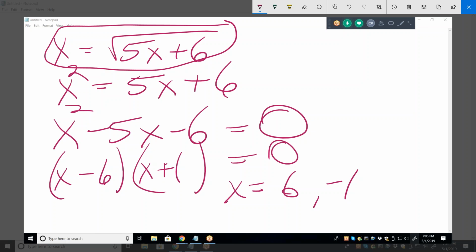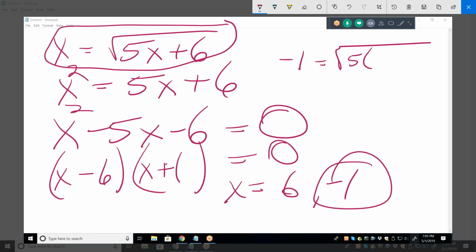Hold on. I'm wrong. Does this solution work? Is negative 1 equal to the square root of 5 times negative 1 plus 6? That is the question. And it does not matter what this is equal to. The square root of a number is never negative.